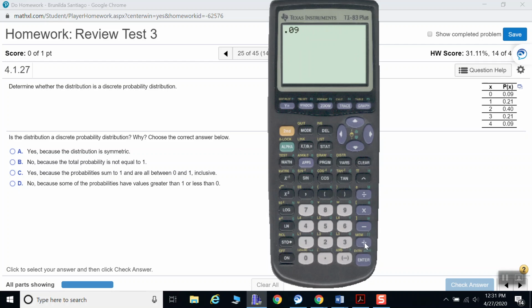So 0.09 plus 0.21 plus 0.40 plus 0.21 plus 0.09. So 0.09 twice, 0.21, 0.40, 0.21 again. So we add that, and it does add up to 1.